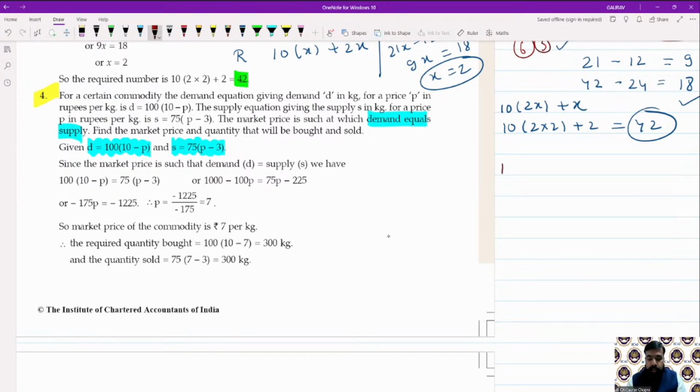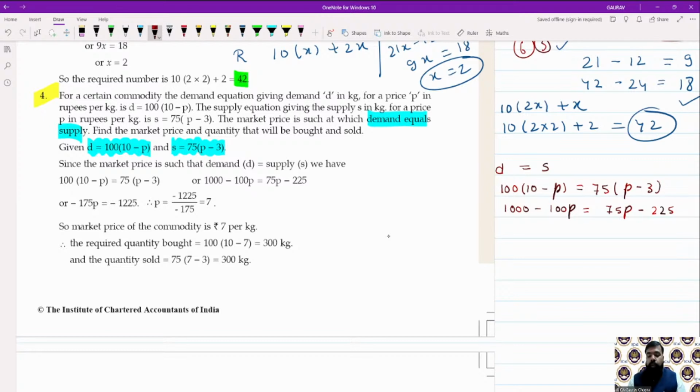So let us equate demand and supply. The value of demand is 100 into 10 minus P, equal to supply, 75 into P minus 3. So what we are getting: 1000 minus 100P equal to 75P minus 225.